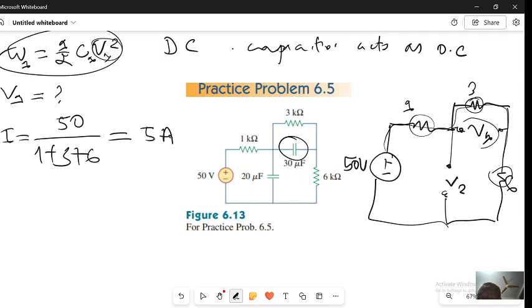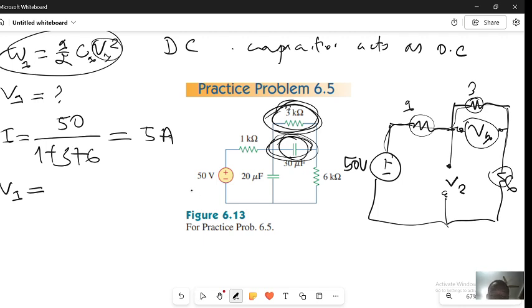If we see V1, this capacitor is in parallel with this resistor, and we know that when components are in parallel, they have the same voltage, means that this V1, the voltage across this capacitor, is equal to the voltage across this resistor. Why? Because they are parallel.